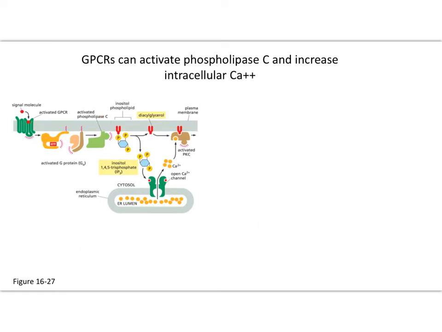So after phospholipase C's activity, there's kind of a fork in the road, and one of the forks that will follow is the IP3. And what's kind of curious here is that IP3 is going to act as a ligand and bind to the calcium channels, which are in the endoplasmic reticulum.